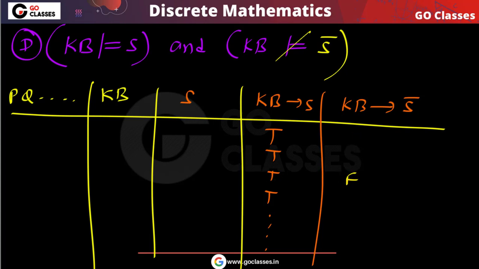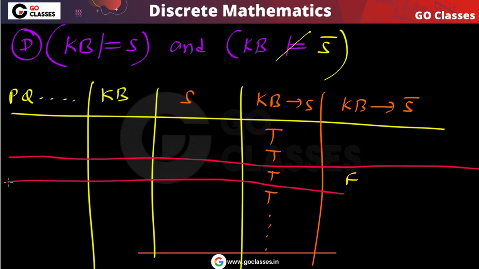Not a tautology simply means that somewhere you have false. This is the meaning of not a tautology. So is it possible? We don't care about other things, but just think about it: is it possible that knowledge base implies S is a tautology but knowledge base implies S bar is not a tautology?